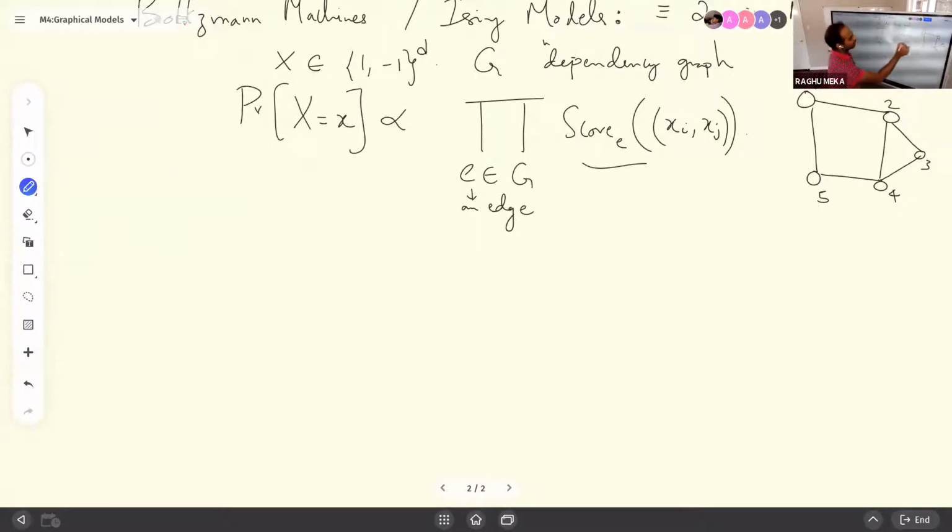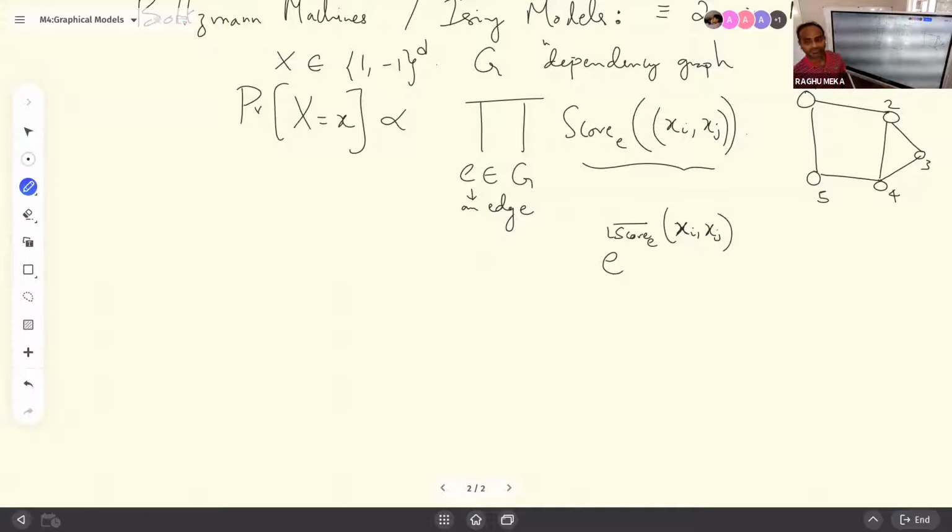Let's think of writing the score function as e to the L score. I'm defining L score as basically the log of the score function. It's just another function.